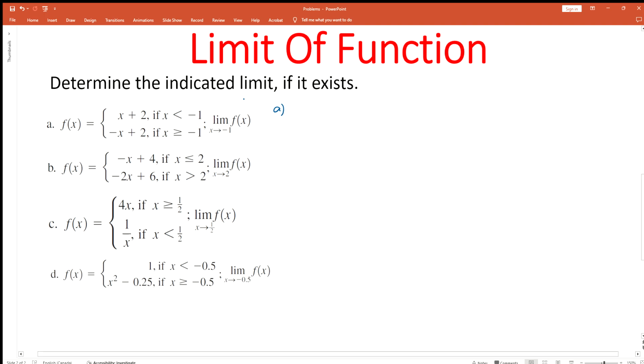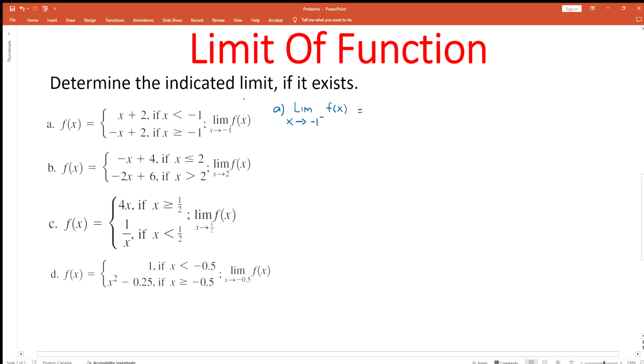We have to calculate the left-hand limit and the right-hand limit for this piecewise function in part A for x approaches -1. Let's start by calculating the left-hand limit. For left-hand limit, we put a small negative sign on -1 to show that we are approaching -1 from the left side. For the left-hand limit, we should use the function x plus 2 because the domain for this function is x less than -1.